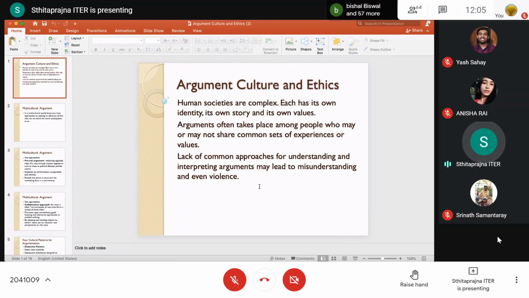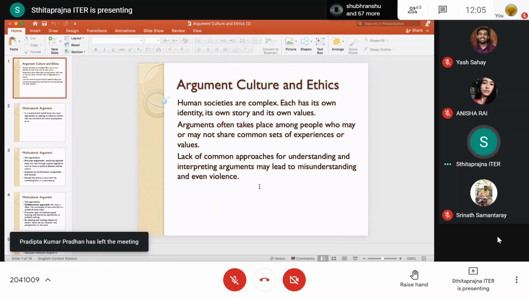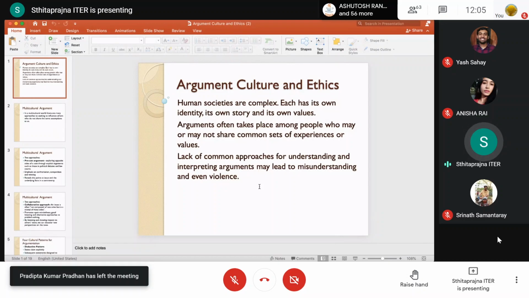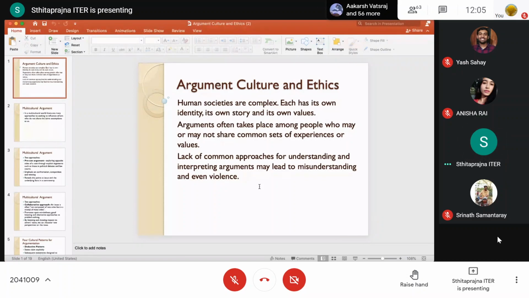Now, in choosing argument as our tool, we choose to be more democratic, because we believe in giving them a line of dialogue. So we encourage dialogue while we are choosing argumentation over coercion.